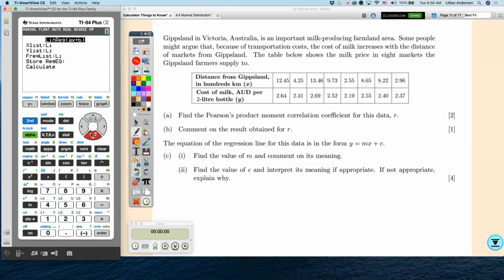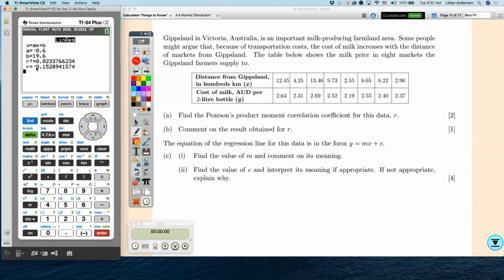You need to make sure that frequency list is empty. There should not be anything in frequency list when you're doing your correlation coefficient or your regression line. Then when you go down to calculate, there's R. Now, mind you, this is from the data that we typed in earlier, not for this particular example, but I'm just hitting the things that you need to remember.